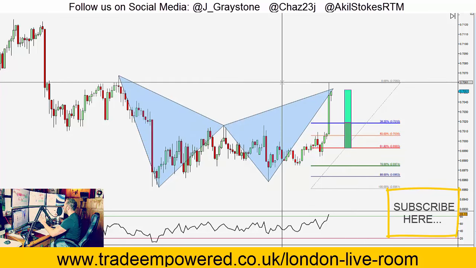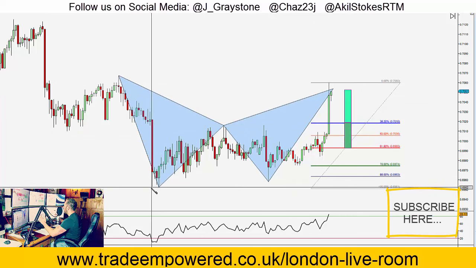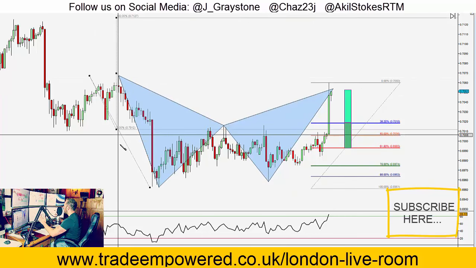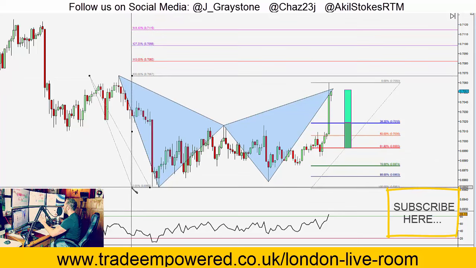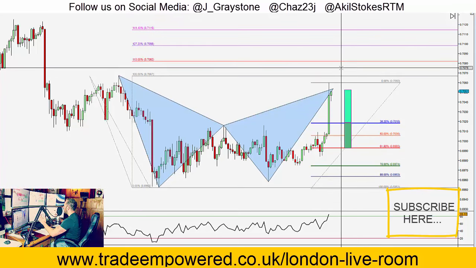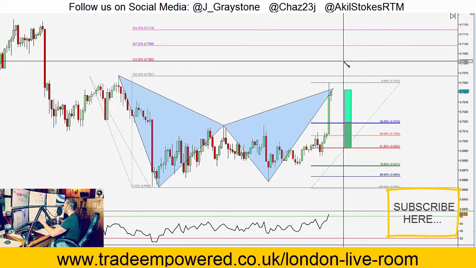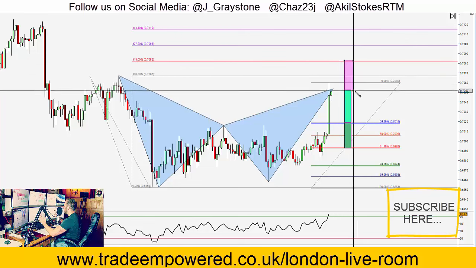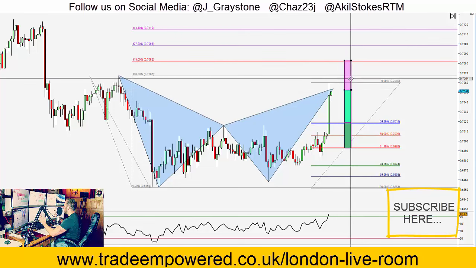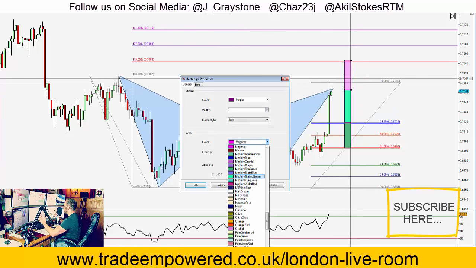Stops would go above X. I don't know your guys' stop loss rules, but I use that 113 inversion. So looking at stops above 70.82, you can see you're still getting a nice, more than 1-to-1 risk reward on this trade.